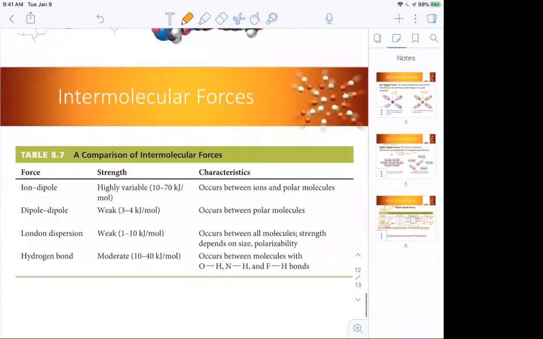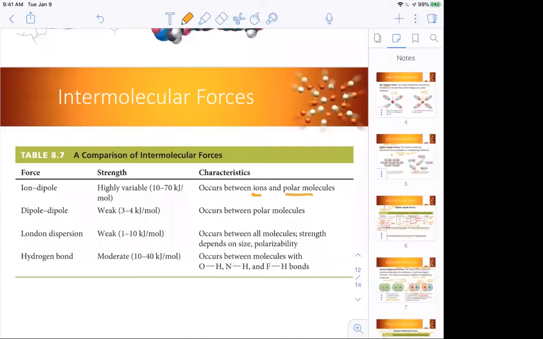Just to summarize, we talked about four different intermolecular forces: ion-dipole, dipole-dipole, London dispersion, and hydrogen bonding. Remember, ion-dipole is between ions and polar molecules. For dipole-dipole, I have to have a polar molecule, a permanent dipole, in order for this force to be present.